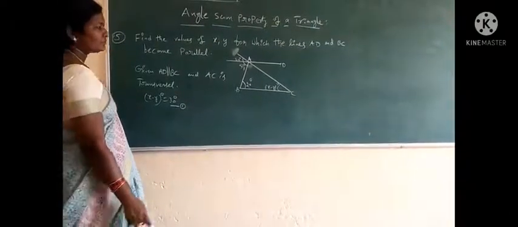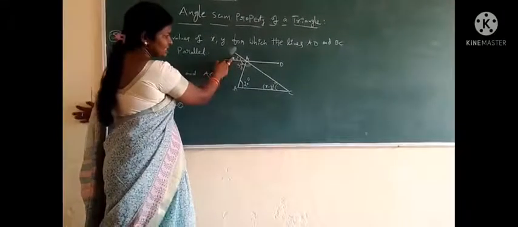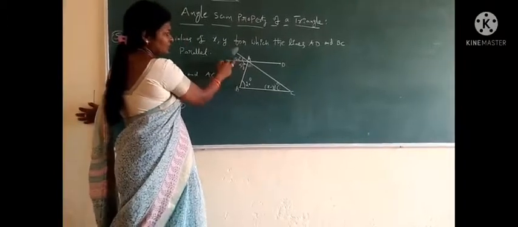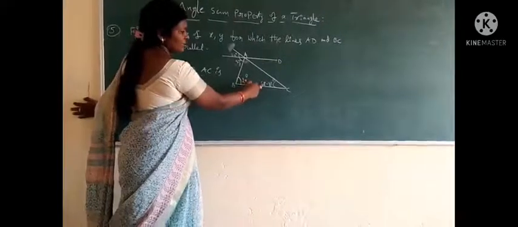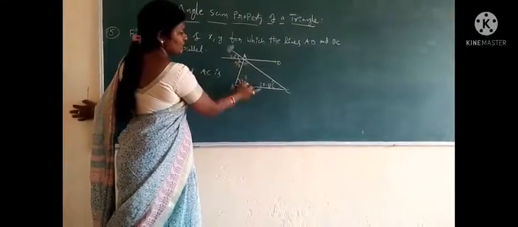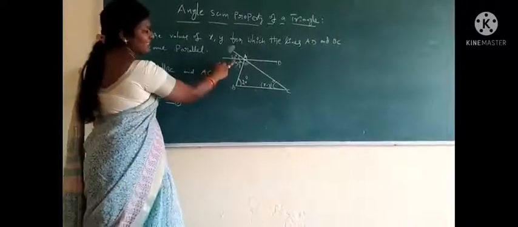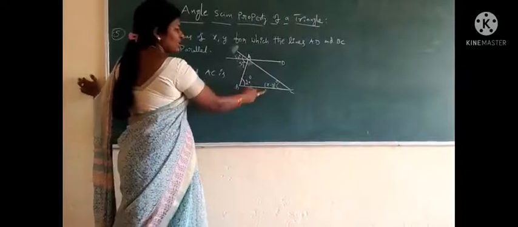Next, observe these two angles, 30 degrees and 5y degrees. And observe 2x degrees and x minus y degrees. These angles are exterior angles. These two angles are interior angles.